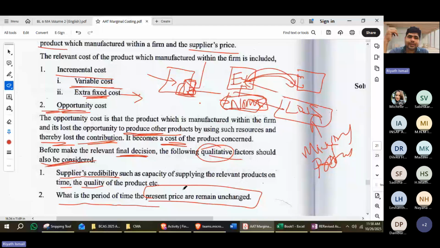Once we make the contract for a period of time, they are ready to supply at that price. After that, they may tell you different stories to increase the price. So in those instances, you have to be very careful. The persistency of the price, how long the price remains unchanged from the supplier. So these two are the major qualitative concerns about suppliers.